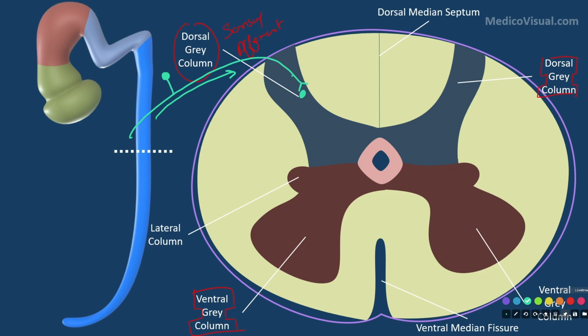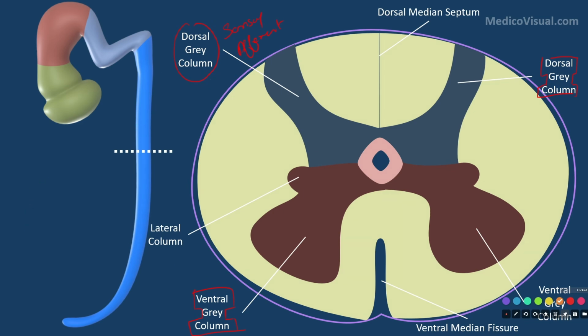And then we will also see that at the site of ventral gray column, the axons will arise from these neurons, and they will go to muscles or other motor organs, and they will help in locomotion of these muscles and so on.